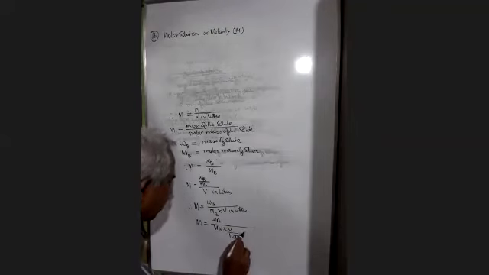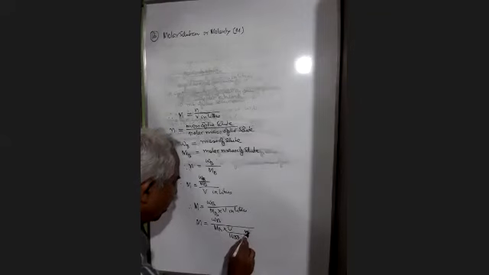So I can write now WB by MB V by 1000 ml. So what will happen? The 1000 will come to the numerator.